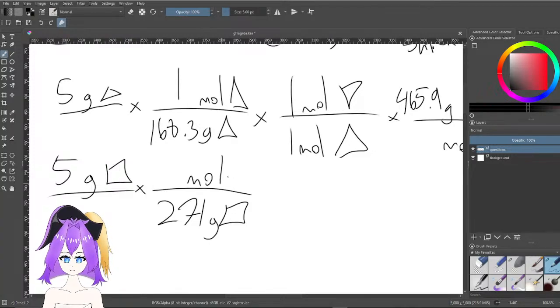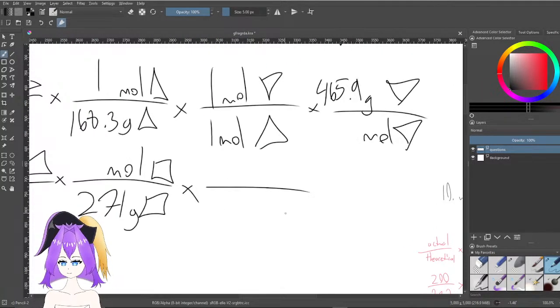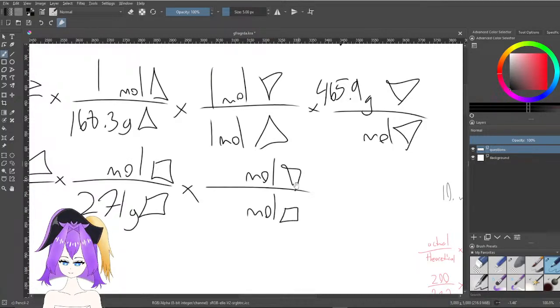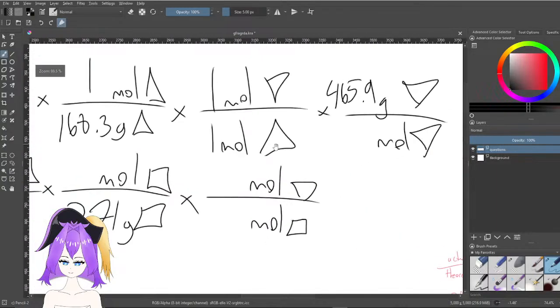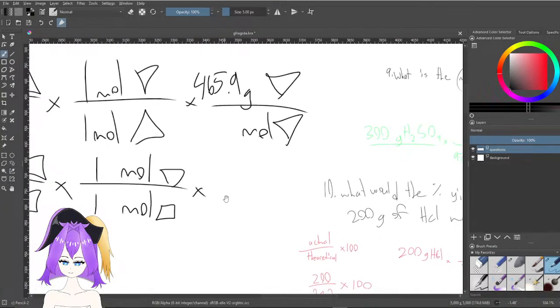Moles of square, moles of upside down triangle. It's gonna assume it's 1-to-1 as well. 465.9 grams, moles to Dorito chips.